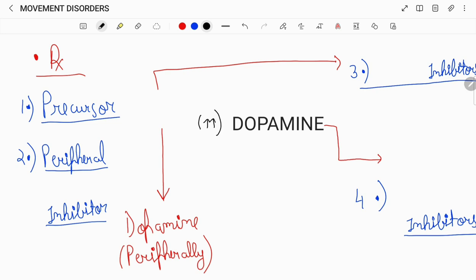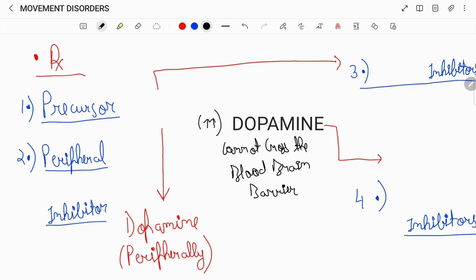Now, you need to remember that we cannot directly give dopamine because dopamine cannot cross the blood brain barrier. So, what do we do for that?